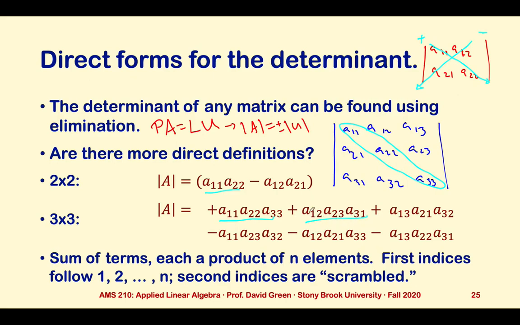The second entry, A12, A23, A31, is a product of these wrapping around to A31. And the third positive entry, we start here, A13, and wrap around to A21 and A32 to give us three positive products.